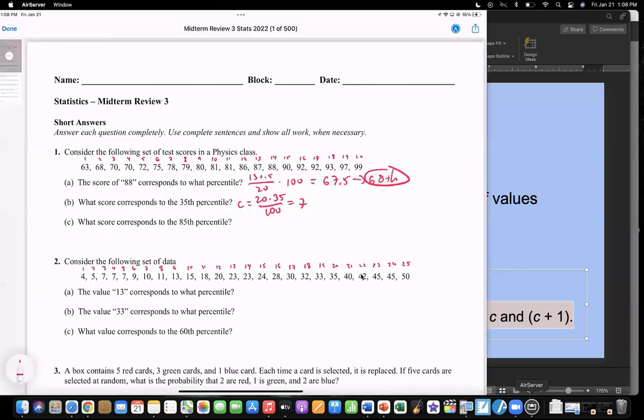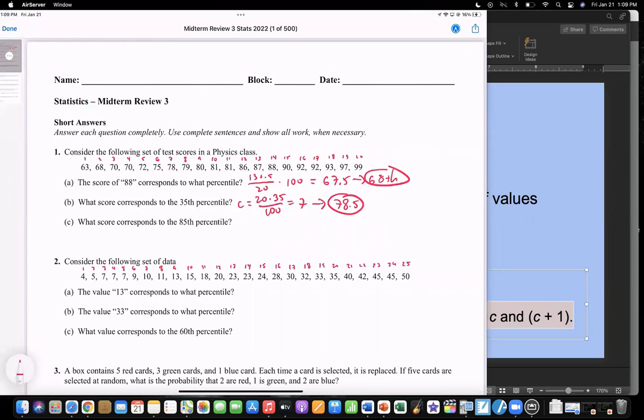Going back here, the 7th value is 78 and the 8th value is 79. So my answer here is going to be halfway in between, 78.5. And if we got a decimal, we just round up. If it was like 7.1, I would just round up to the 8th value. So getting a decimal is actually easier.